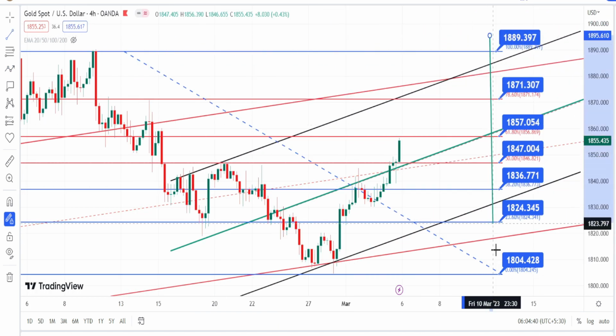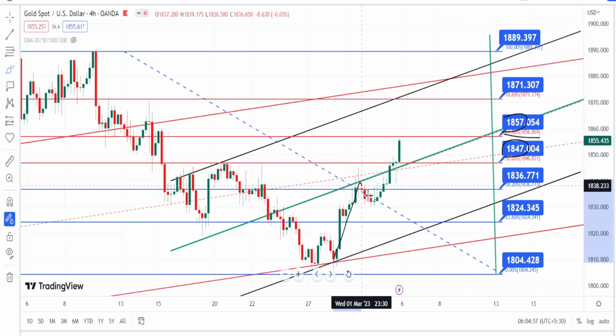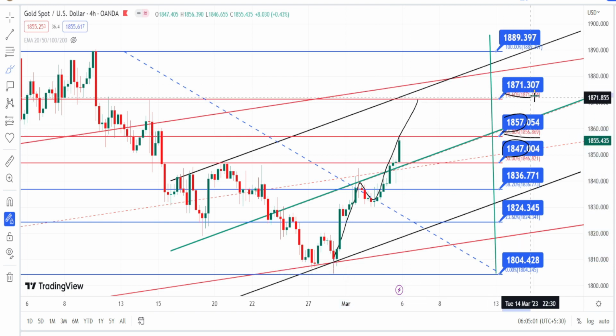So the values within these blue color boxes are the resistance and support levels for current price action in 4 hours time frame. Currently, the price action is trading between the resistance level of 1857 and support level of 1847. And if the bullish side retracement continues, the next level of resistance is going to be around 1871 and 1889.